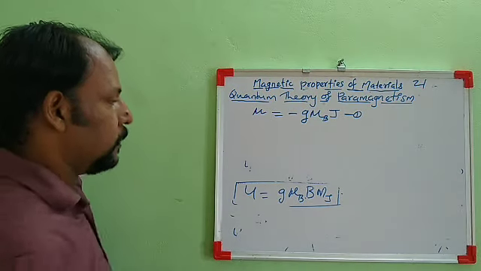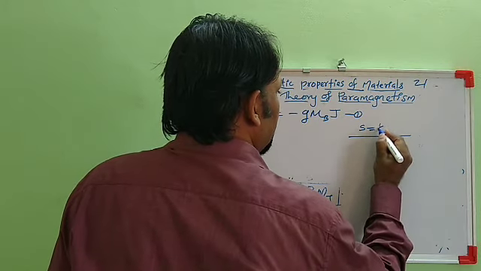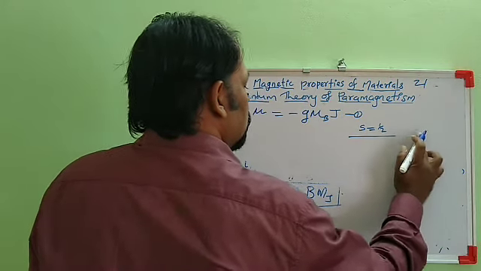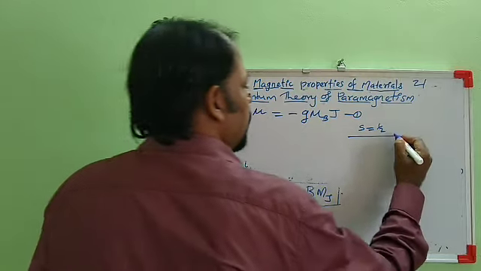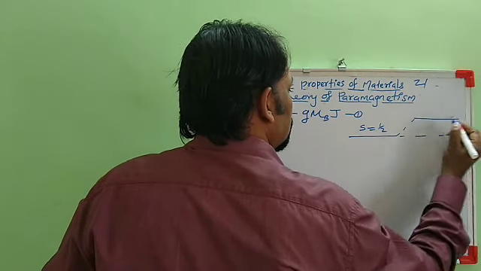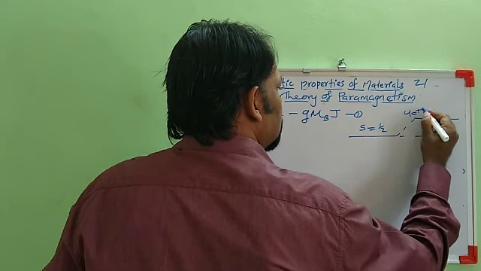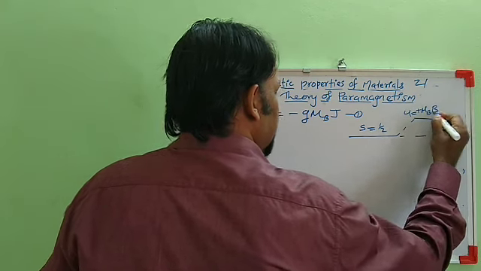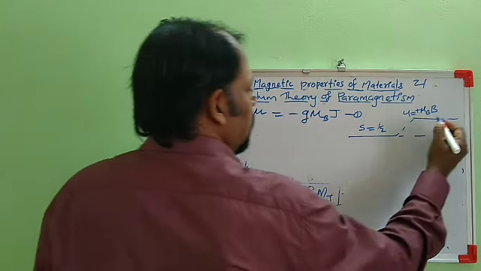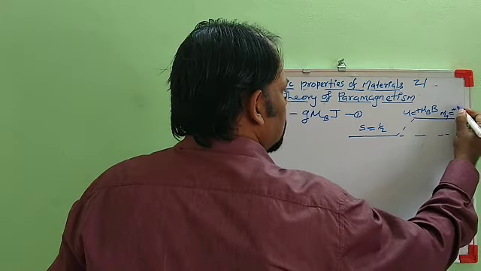If we draw the energy level for L equal to 0, S equal to 1 by 2, then there will be two energy levels. So here U equal to plus mu B B, that corresponds to Mj equal to plus 1 by 2.